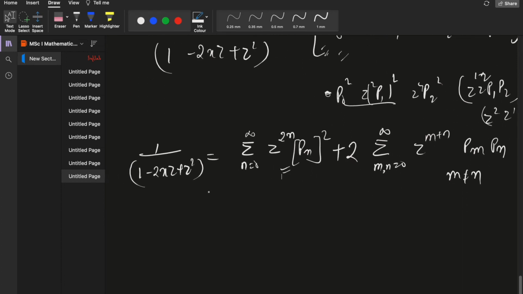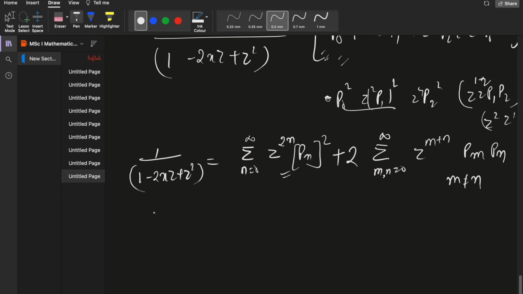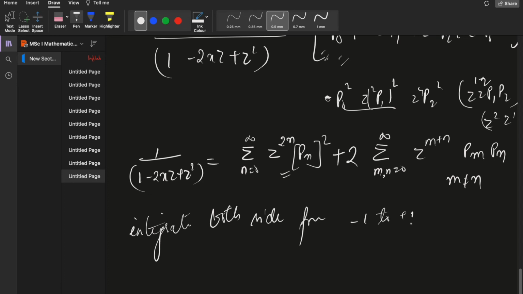Now integrate both sides from limit minus 1 to plus 1.